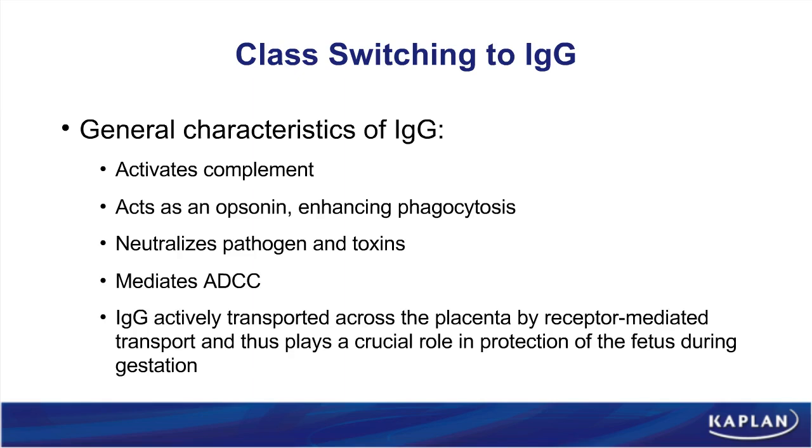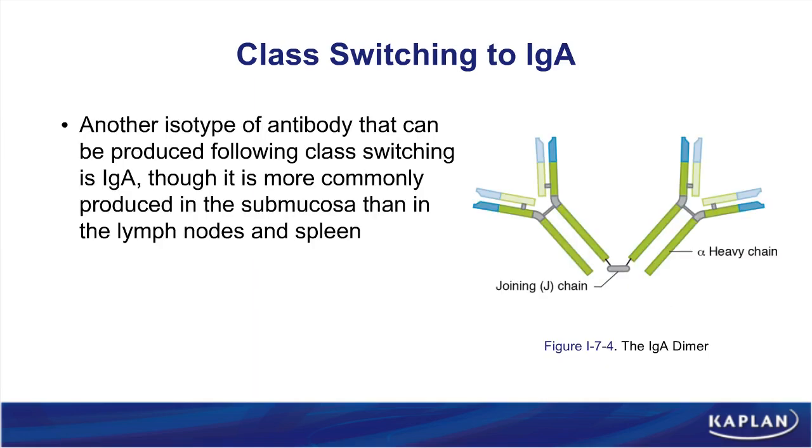When we start talking about immunizations, we'll talk about how important that transfer of IgG is during the first year of an infant's development. Another option during class switching is to class switch to isotype IgA.